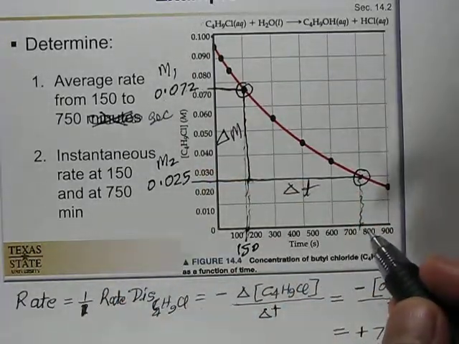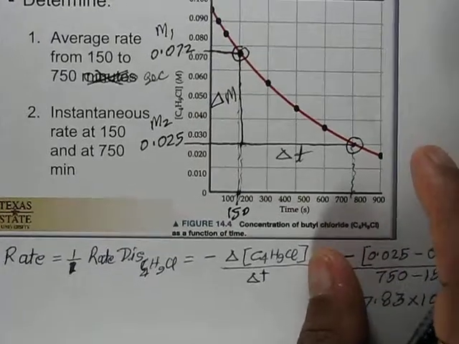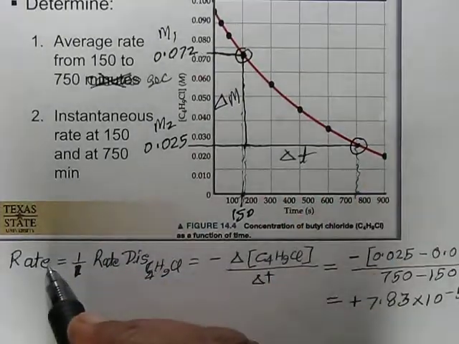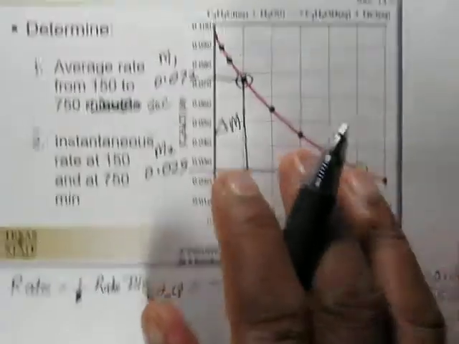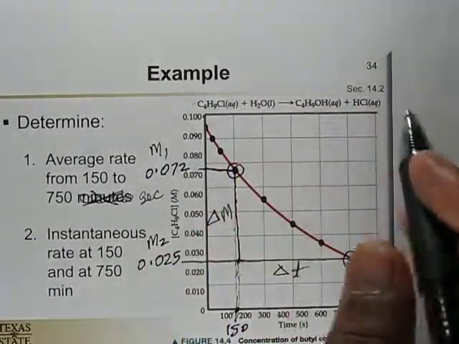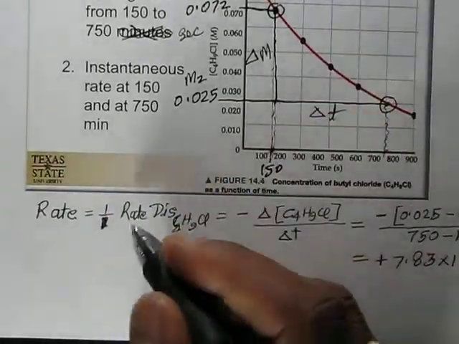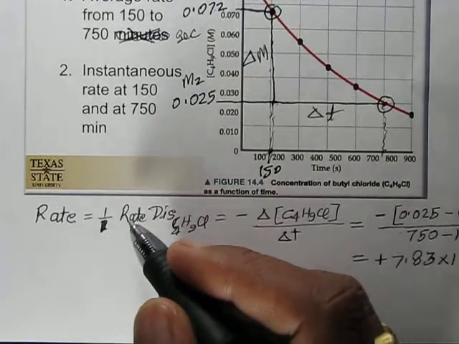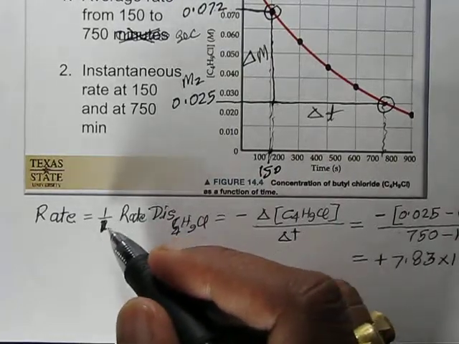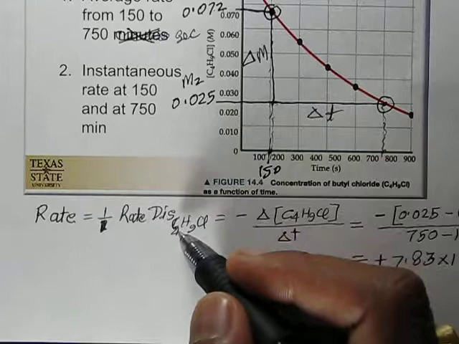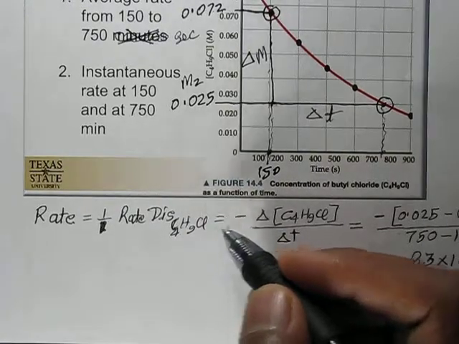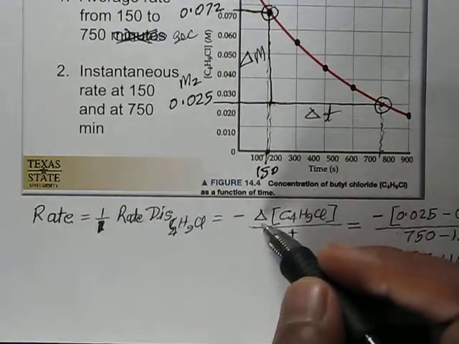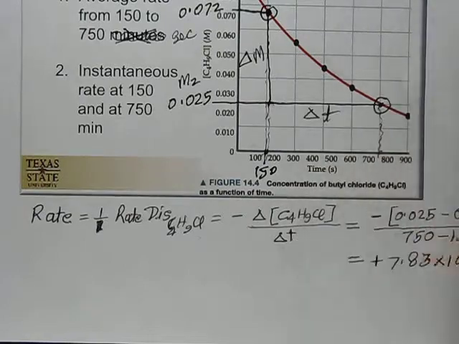So we can calculate the rate of this reaction. Now you can see it is 1 to 1 molar, so there is no need to write any coefficient in the denominator. So the rate of disappearance of butyl chloride will be equal to negative change in molarity over delta T.